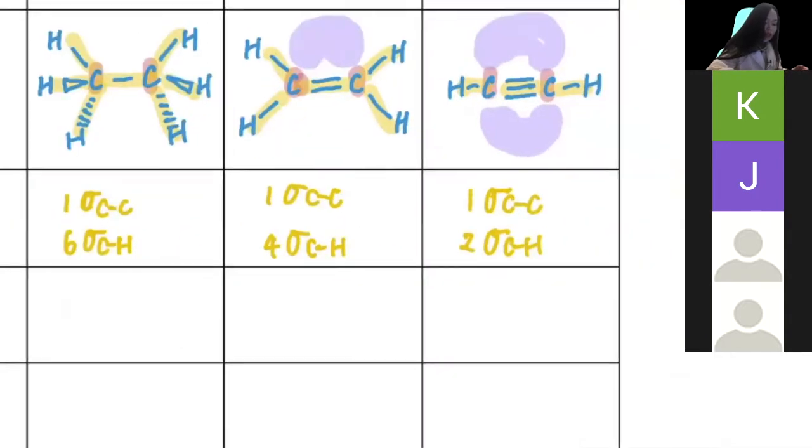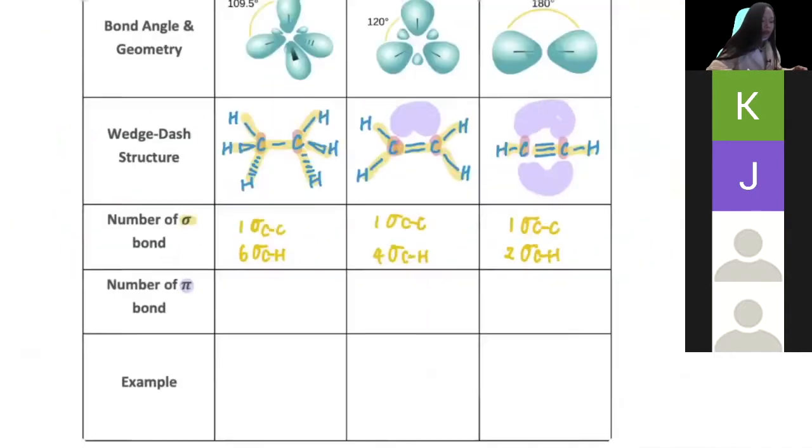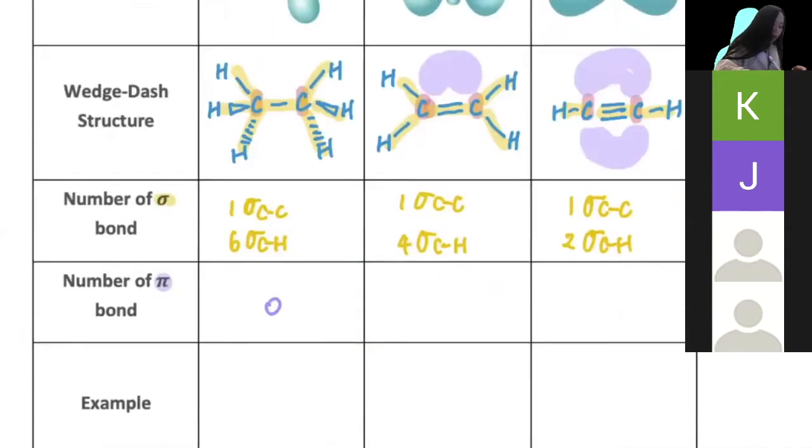The way that I'm writing here is that CC is the subscript of the sigma bond, meaning a sigma bond between 2 carbons. Okay, so pi bonds: there are no pi bonds here, there is 1 pi bond between carbon and carbon, and there are 2 pi bonds between carbon and carbon.